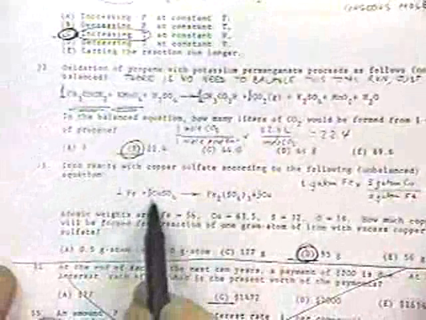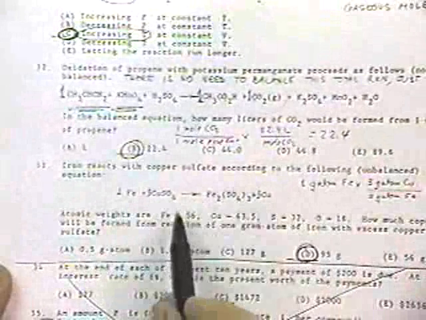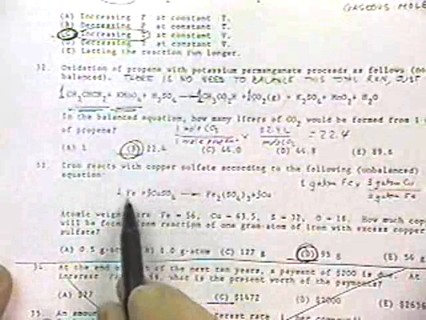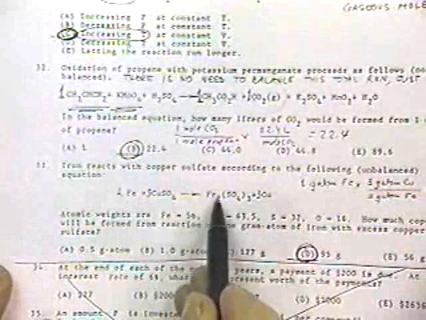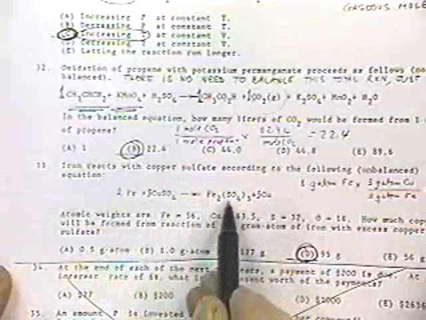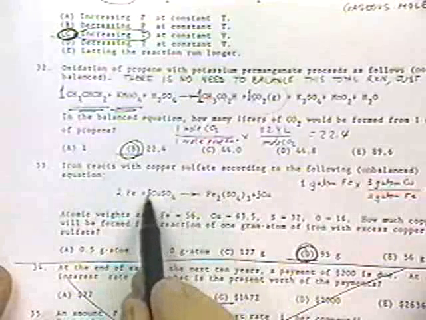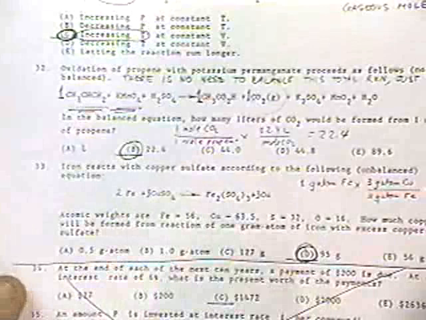Here we have iron reacting with copper sulfate. Here's the stoichiometry. It's an unbalanced reaction, but what we can do is balance it. We have 2 irons on this side, so we need 2 on that side to balance it. We have 3 sulfates on this side, so we'll need 3 sulfates on that side to balance it, and that means we'll end up with 3 coppers.